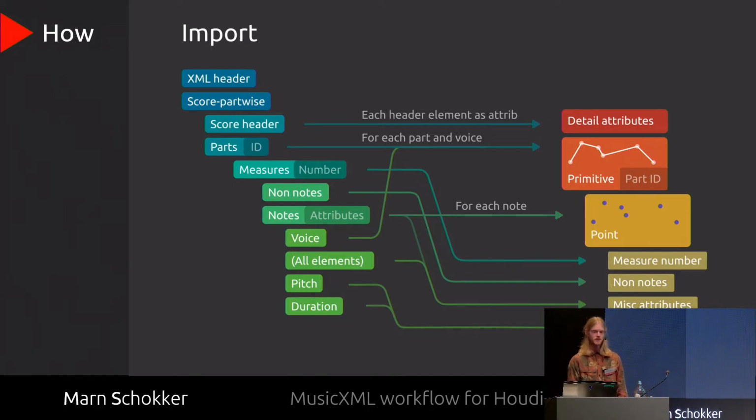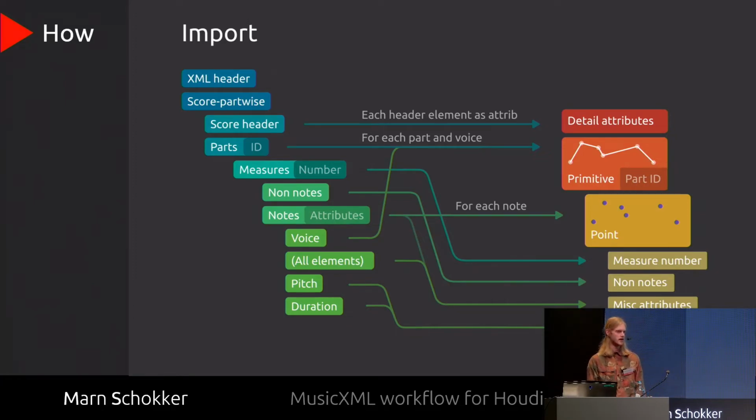What's important to note here is the actual data I'm mainly interested in are the notes themselves. The notes with the attributes are stored as points. Some of the data is then used for the point position, like I mentioned, the pitch and the time.